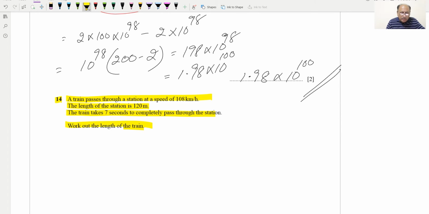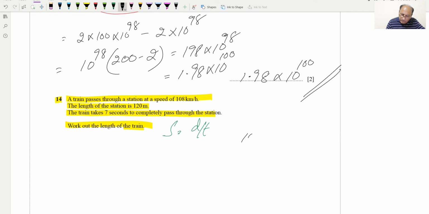Work out the length of the train. So speed we know is equal to distance over time, and 108 is the speed.